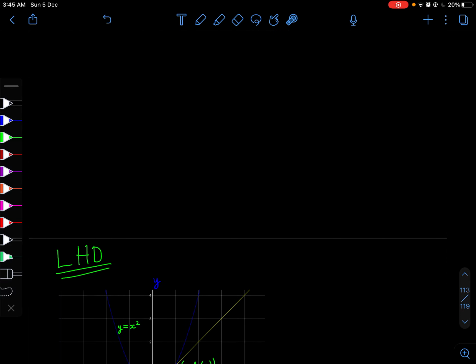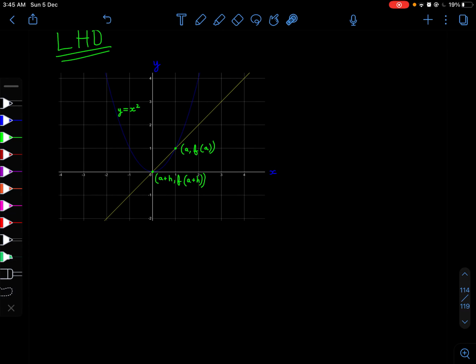Now for the left hand derivative, we fix this right point, which I took as a comma f of a, and we move this left point towards the right point on the given curve. So we move a plus h comma f of a plus h towards a comma f of a.